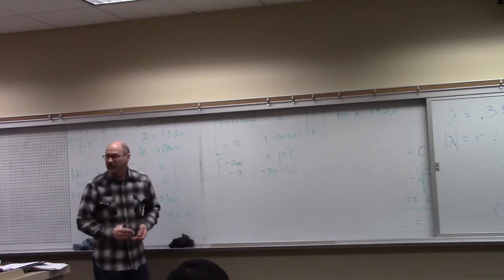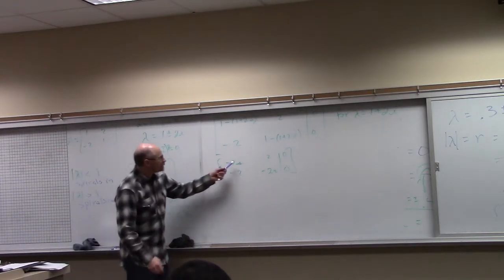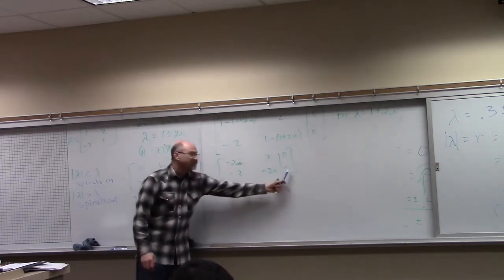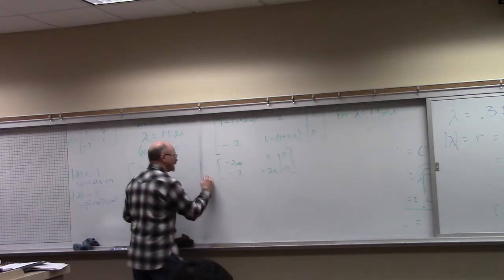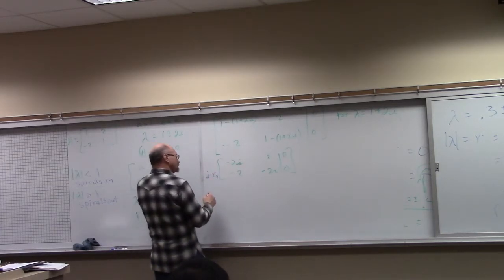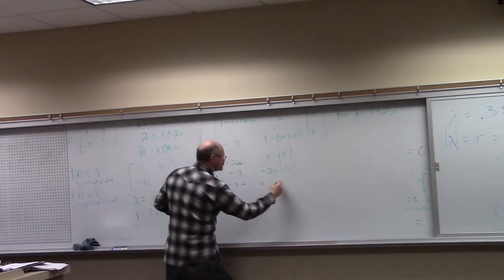Do you want to do row reduction? It's really fast when they look like that. If these two are the same, I'd multiply everything by i. What happens if you multiply row 2 by i? What are we going to get? Negative 2i, 2, 0.